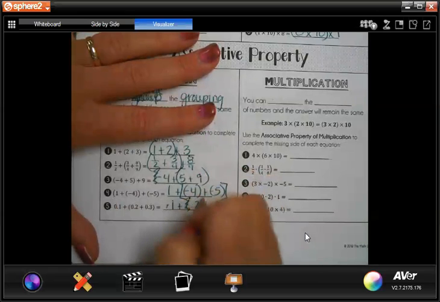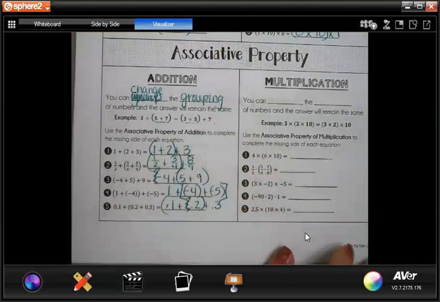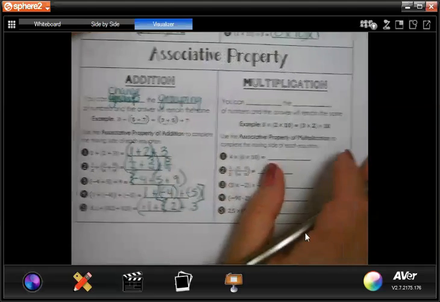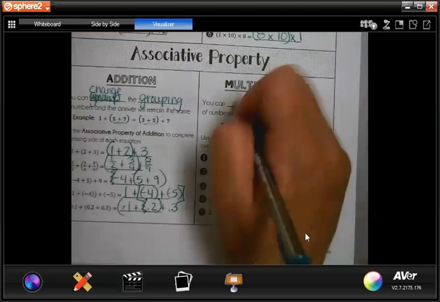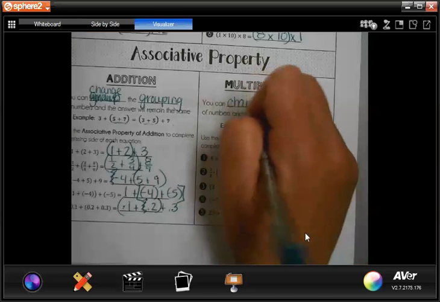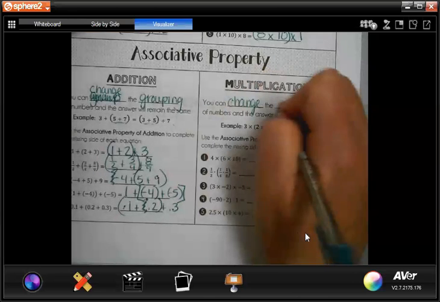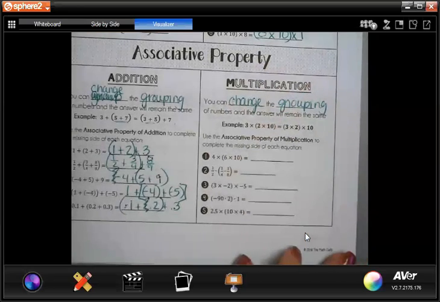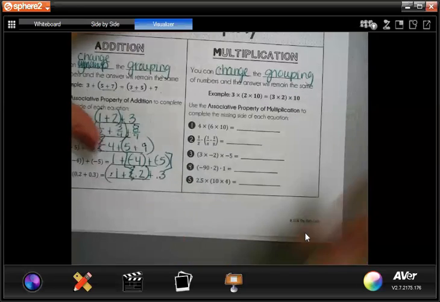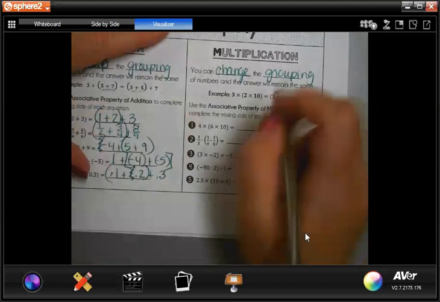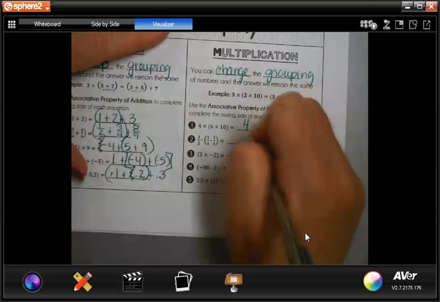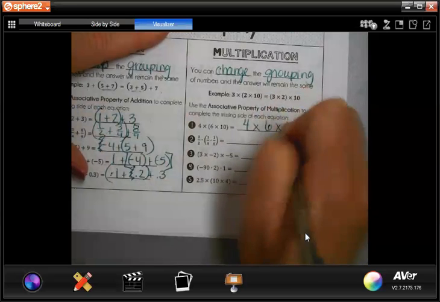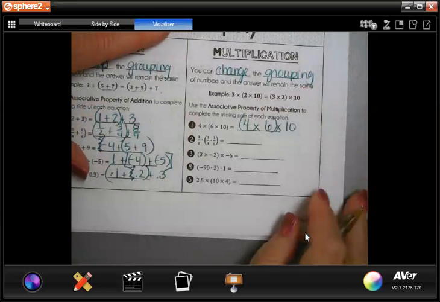But we group these, okay? Whew, my paper is messy. All right, multiplication. You can change the groupings of numbers and the answers will remain the same. I'm only going to do a couple of these. Keep the order the same, but then we do that.